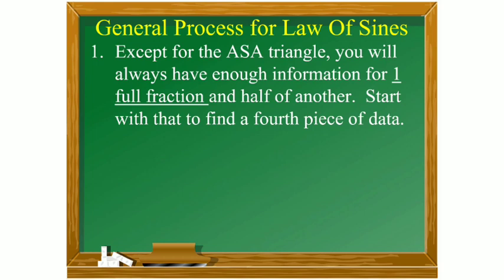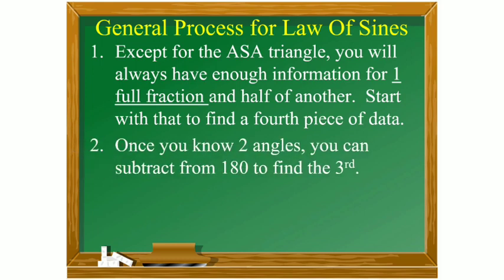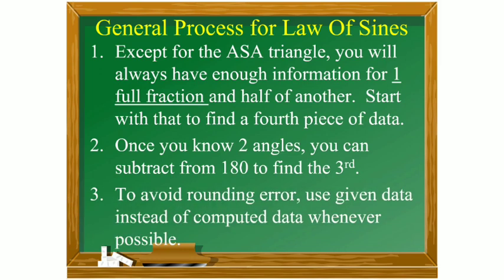Start with that to find a fourth piece of data. Once you know two angles, you can subtract from 180 to find the third. And last, to avoid rounding error, use given data instead of computed data whenever possible.